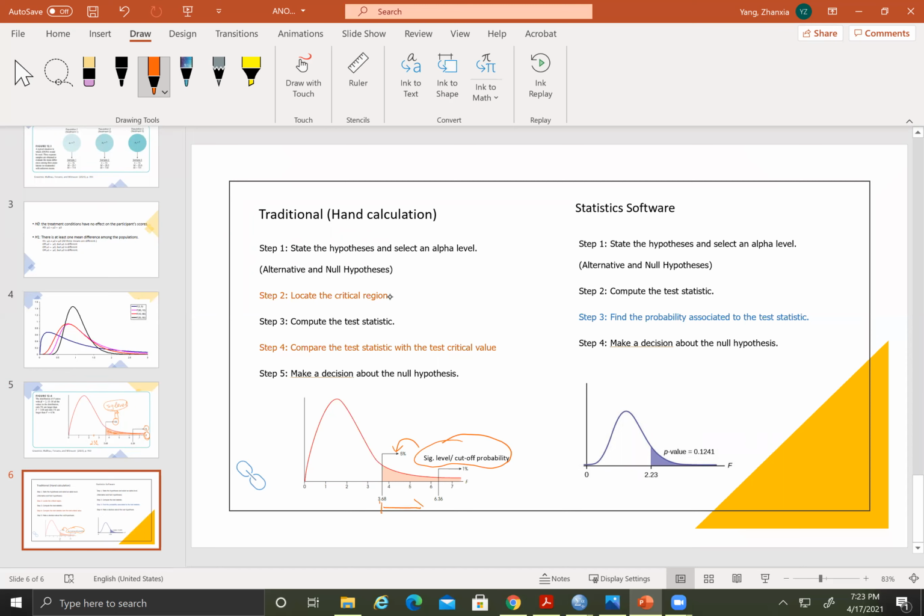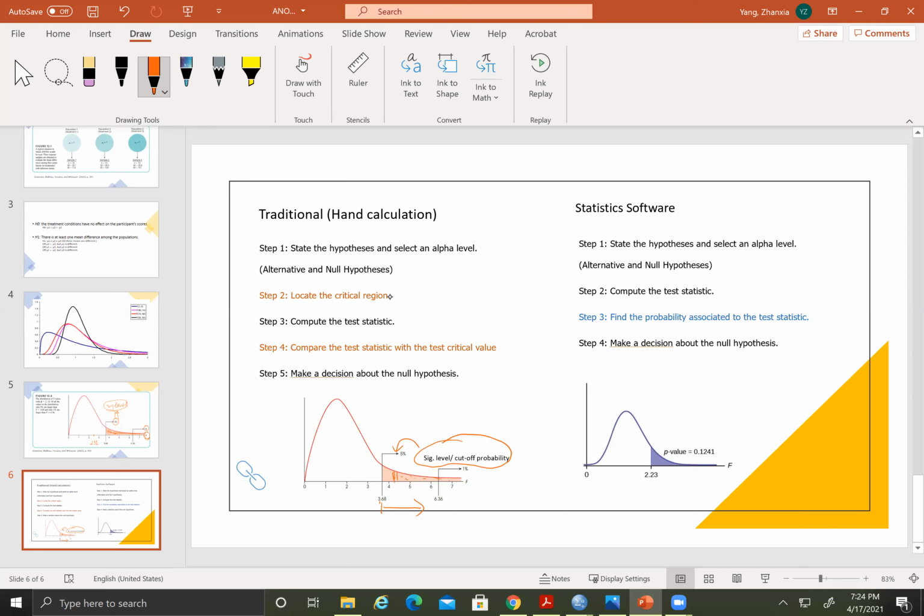3.68 and beyond. That means whatever F value is above 3.68 would have a very small probability, because any probability beyond that, the tail, would be even smaller. So it would be smaller than our cutoff probability of 0.05, and we would reject the null hypothesis in that case.